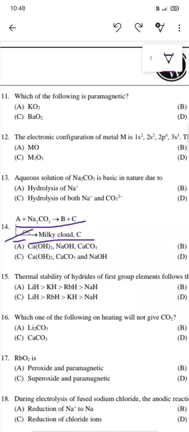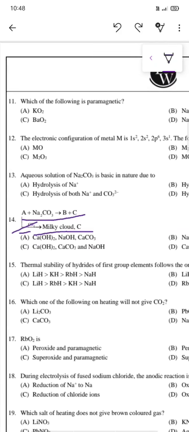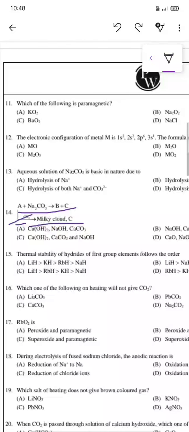If you know it, you take the answer and move forward. I'm looking at my notes for the chemical reaction of Na2CO3.